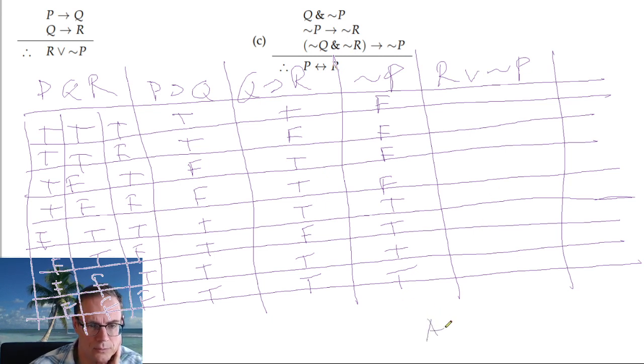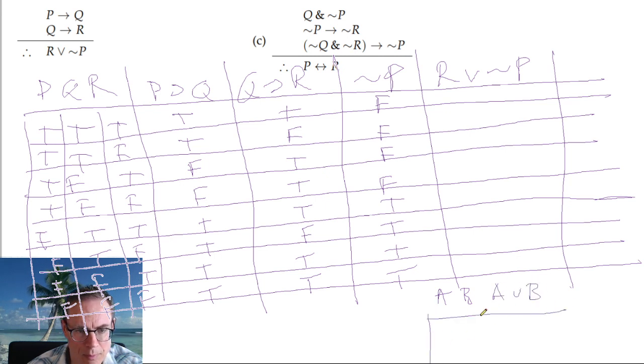Well, the truth table for or is, well, there's not enough space. Let me try that again. A, B, A or B. The truth table for or is just, it is true as long as one of them is true.